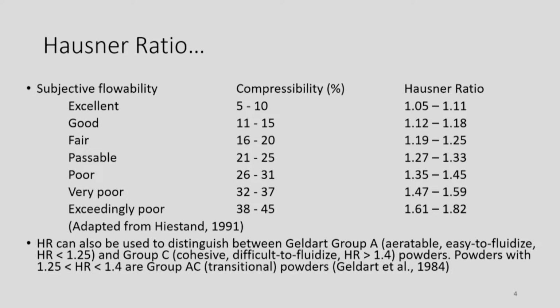If it's not compressible, then it might flow very well when you are transporting and handling. But if the tap density is high and it's changing a lot, then the Hausner ratio value goes up, and that indicates poor flowability of materials.